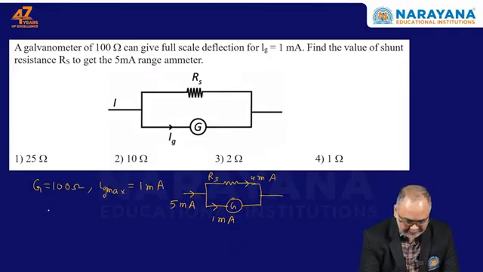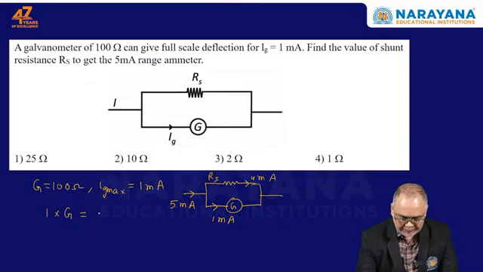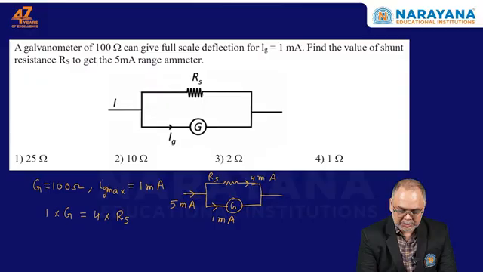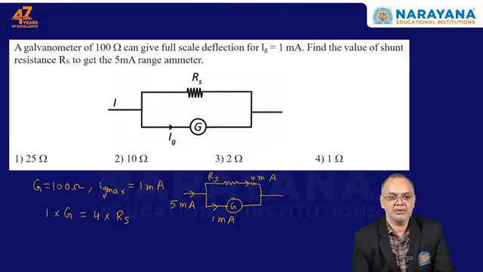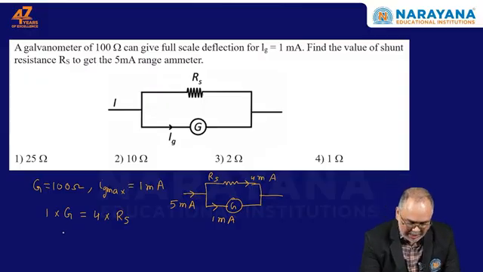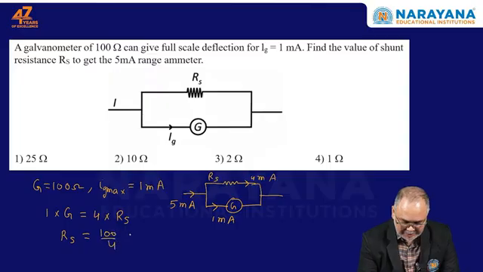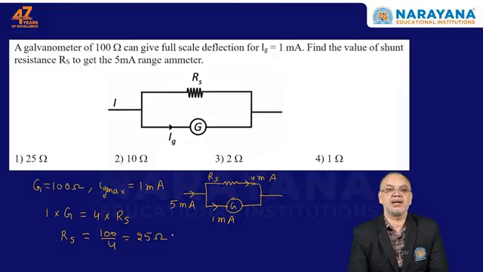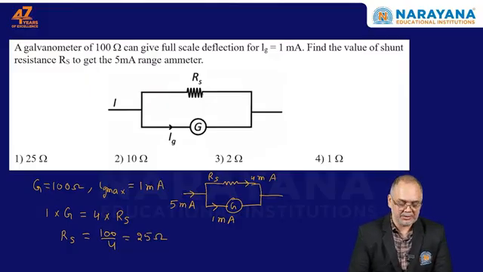We can write 1 into G is equal to 4 into Rs. Both sides are in milliampere, so the unit is the same and will cancel out. So we can write Rs is equal to G, which is given here, 100 by 4, so that is equal to 25 ohms. This is the required resistance. So the answer is option 1.